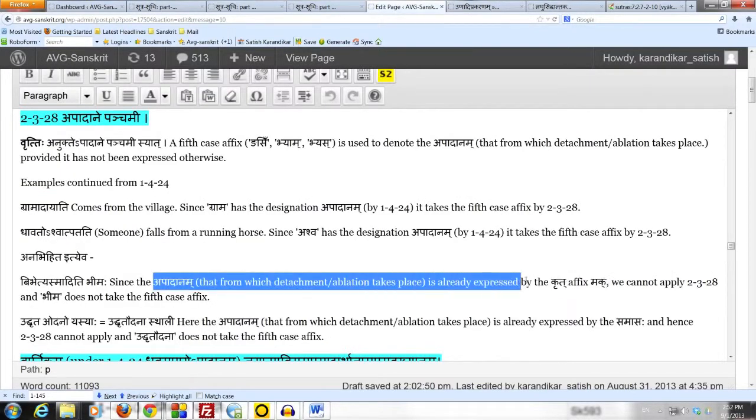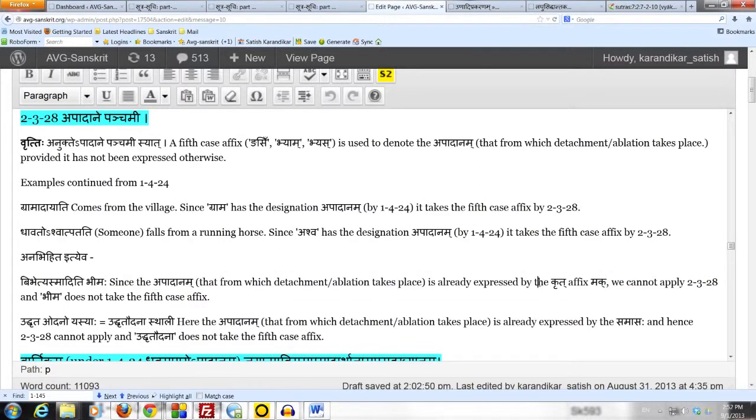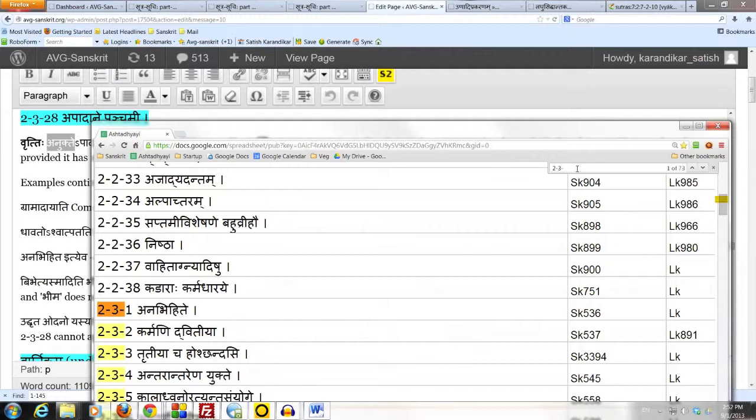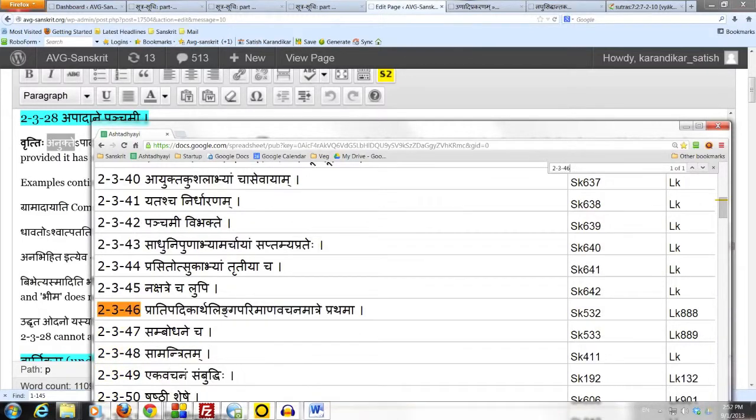That meaning is already in the form bhima. It is abhitam, uktam, krit pratyayena uktam. It has been expressed by the krit affix mak. Hence, we cannot apply this sutram 2.3.28. We have to apply the prathama vibhakti in the sense of pratipadika matre using the sutram 2.3.46. So we get the form bhimaha and not bhimat.